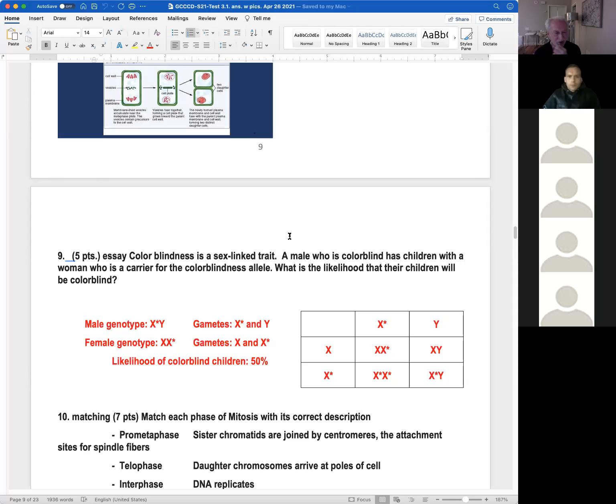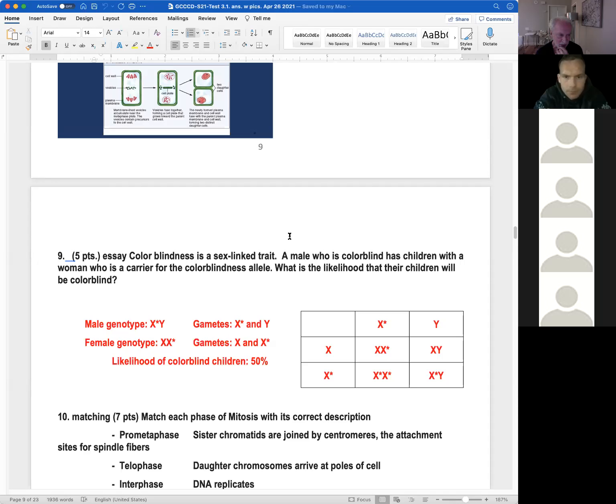Well, if they have a mutation, it can definitely be passed down. The term carrier is designated for somebody that has a mutation, but they don't have the disease. So they're carrying the mutation, but they're not expressing symptoms.